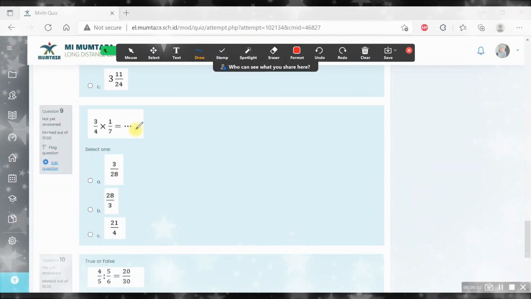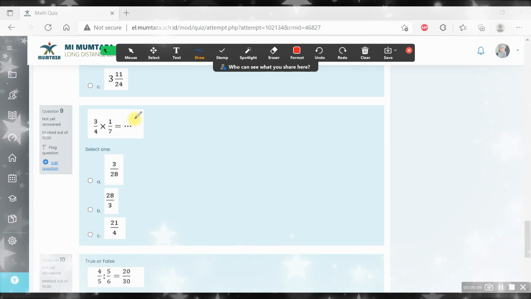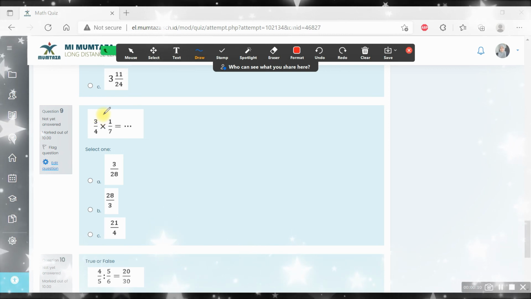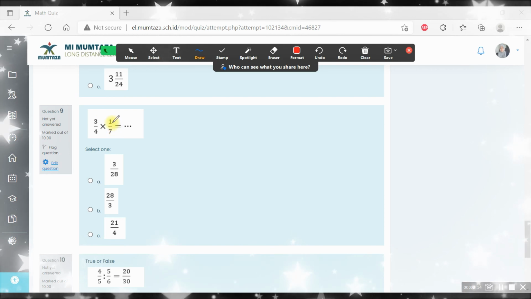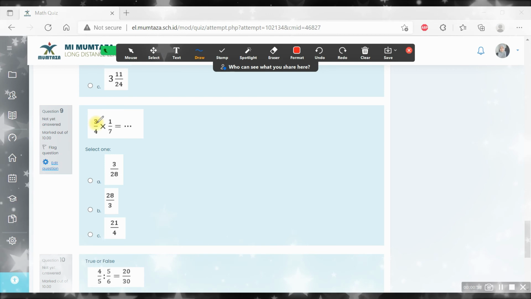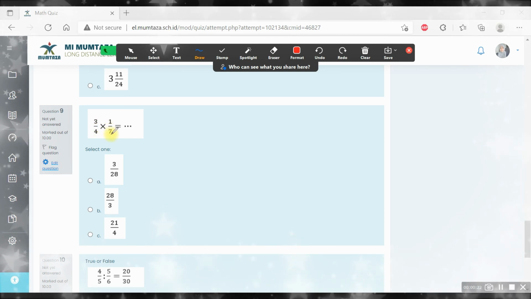Okay, we go to number 9. This is about multiplication of fractions. I think it's easier than the other material. The multiplication of fractions: 3/4 multiplied by 1/7.